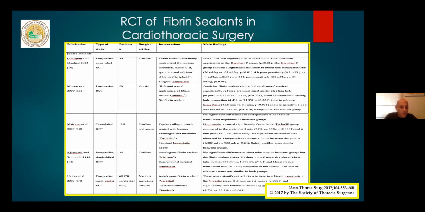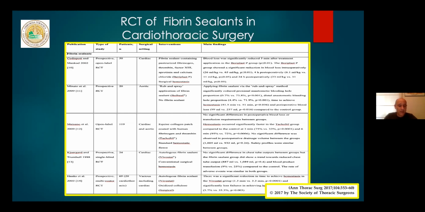There is an abundance of RCTs addressing the use of fibrin sealants in cardiac surgery, although most have small sample sizes. Seven RCTs of fibrin sealants in cardiothoracic surgery suggested they were generally effective.